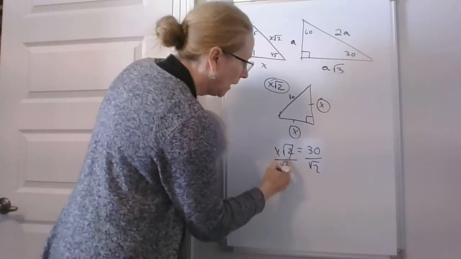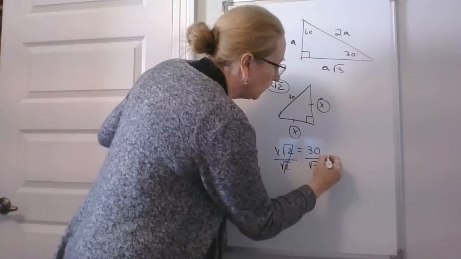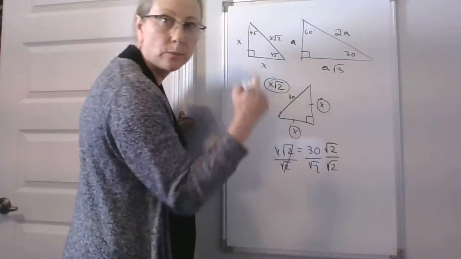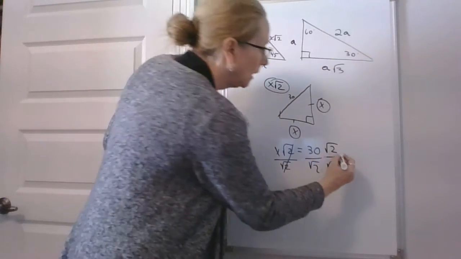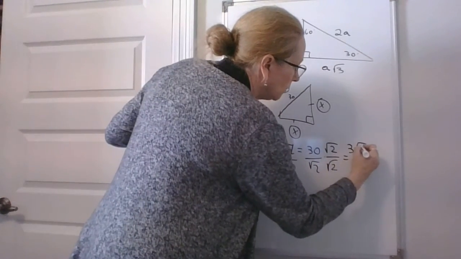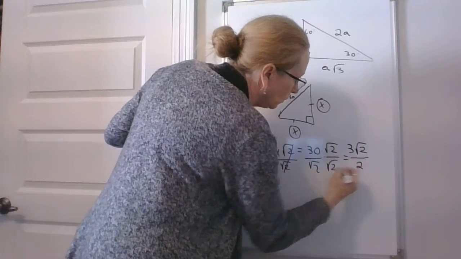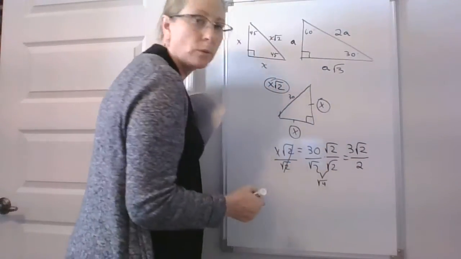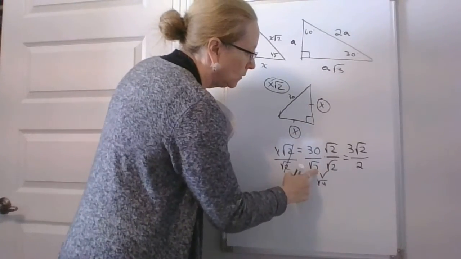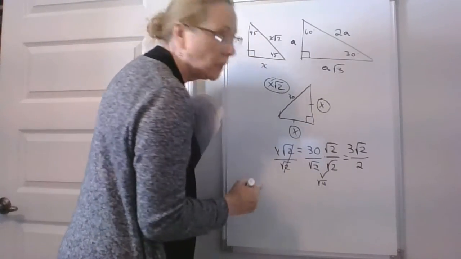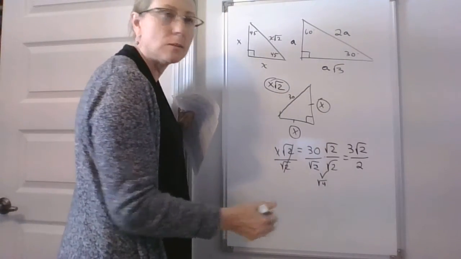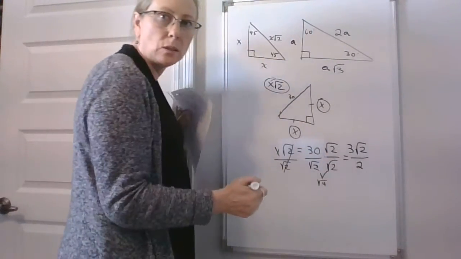Cancel. And we notice it's not rational, so we rationalize. Sounding familiar from the last problem that I did back with 30, 60, 90. We get 30 root 2 over 2, because remember, square root of 4, 2 times 2, square root of 4, that's 2. That was really bad too right there. So, is this simplified? Yes, because the 3 cannot be divided by 2.